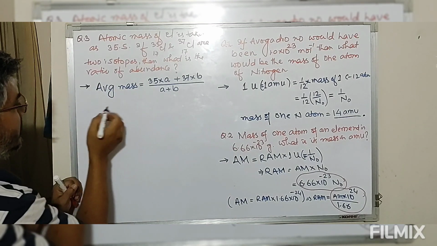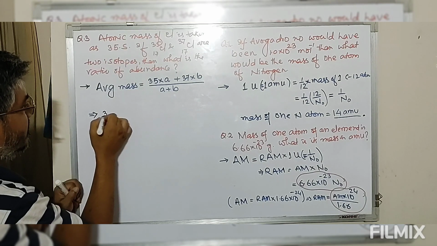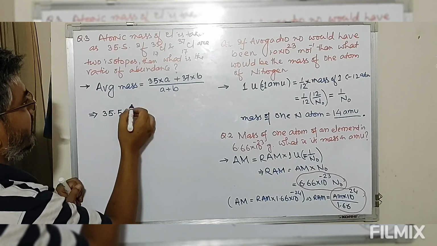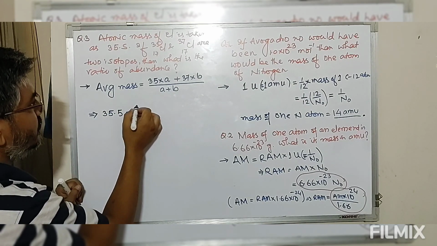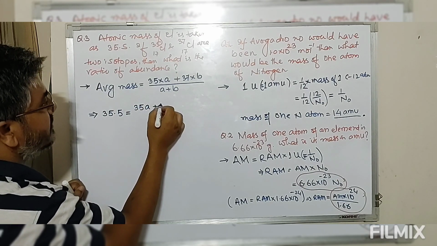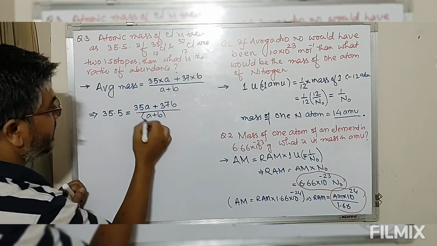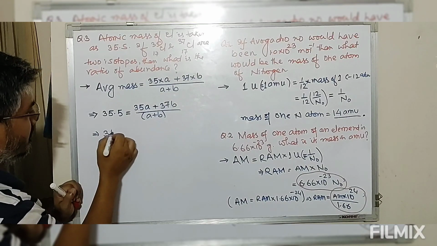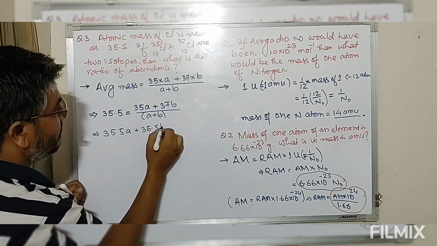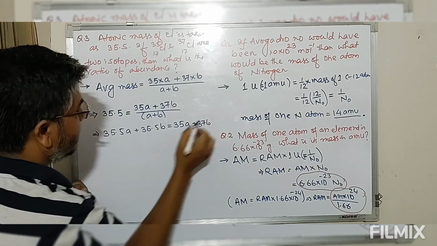So now look at this. This average mass, which is already given as 35.5, is equal to (35A plus 37B) divided by (A plus B). So this comes out to be 35.5A plus 35.5B, which is equal to 35A plus 37B.